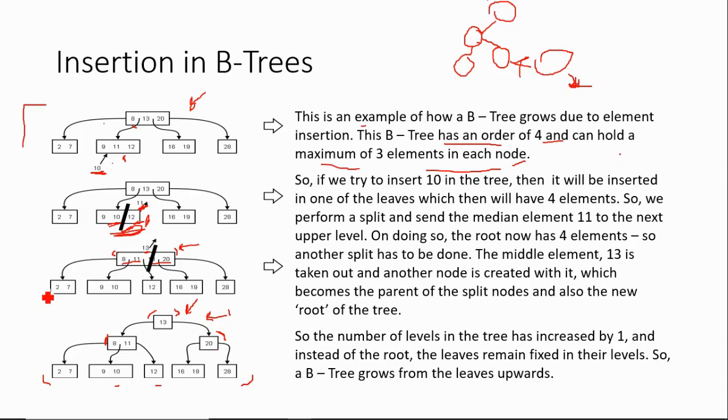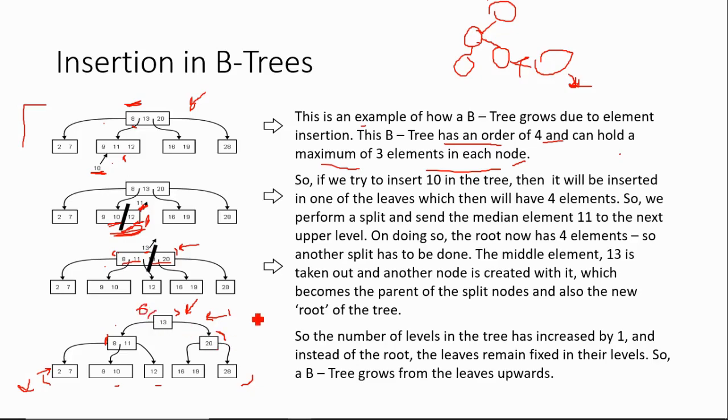But in a B tree, though insertion takes place at the leaves, the leaves do not go downward. Leaves remain in their position, and instead it is the root which changes its position. So earlier the root was at the second level, now it is at the third level.